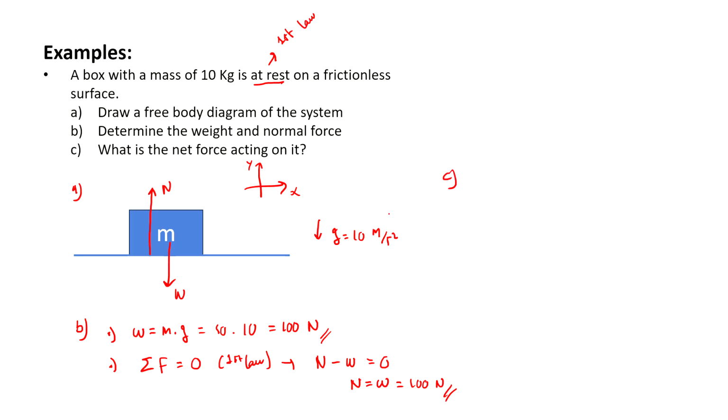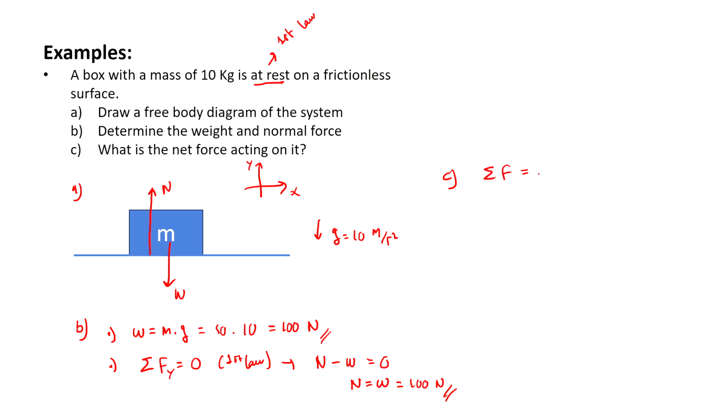This is sigma Fy, because we're only considering the y-axis for the force acting on the object. Then to find the net force, actually we have already got the answer.